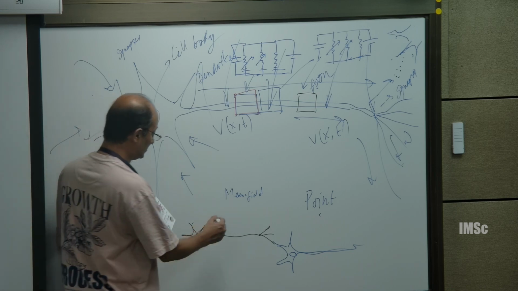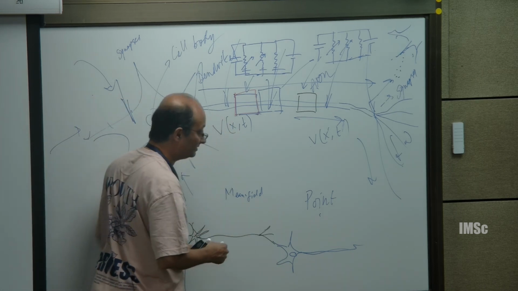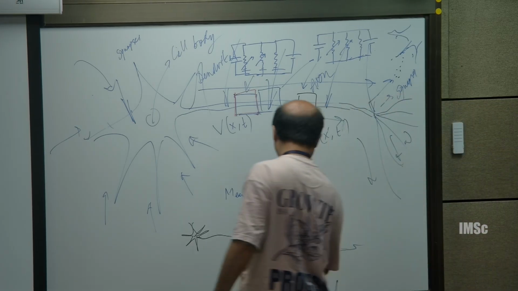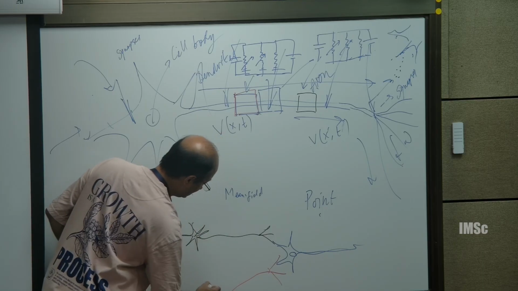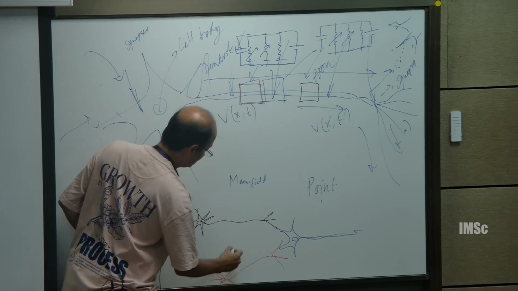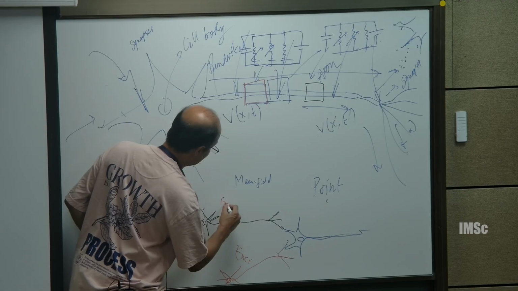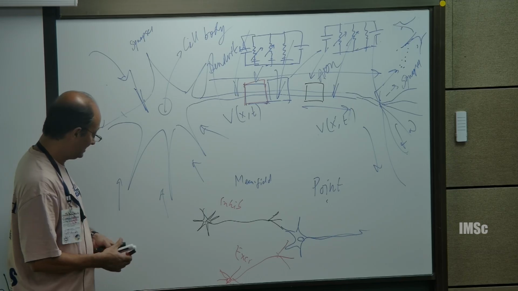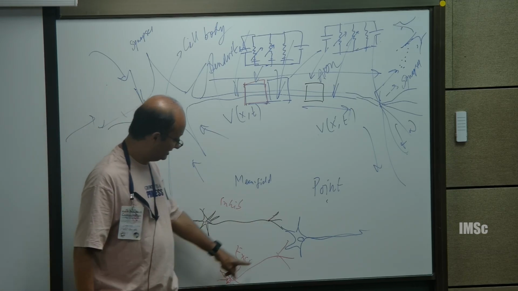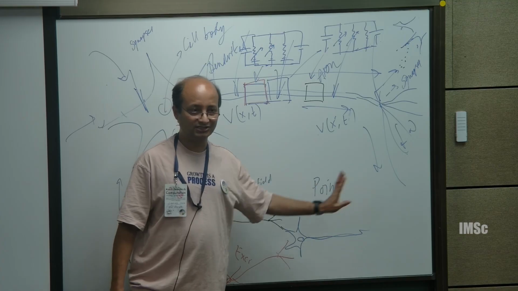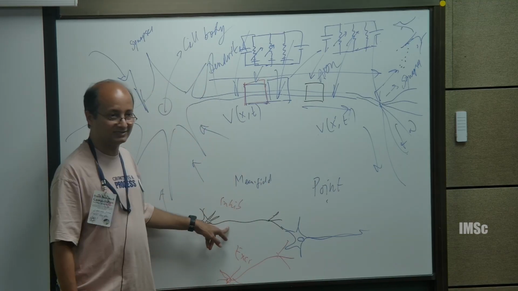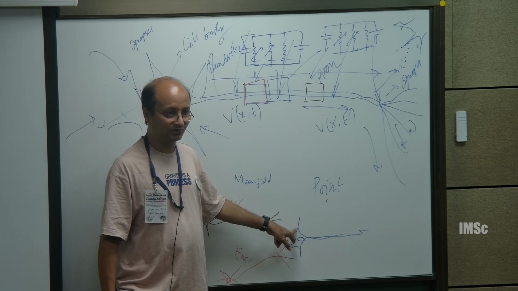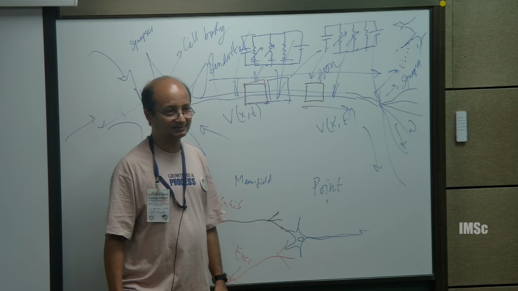This is receiving another input from an excitatory neuron. So this is excitatory, this is inhibitory. Now, if this wasn't there, this action potential would have triggered an action potential here. In the presence of this, it blocks the neuron from being excited by this excitatory neuron.